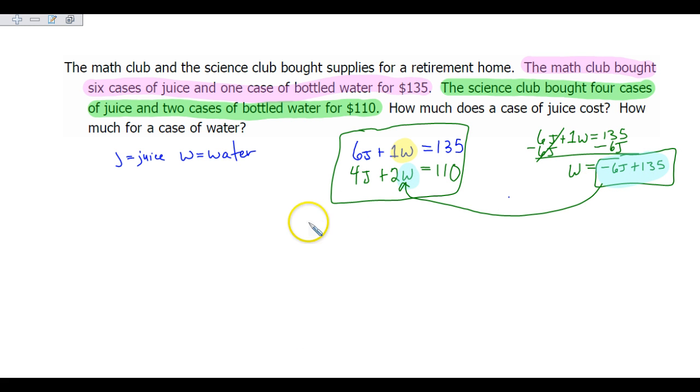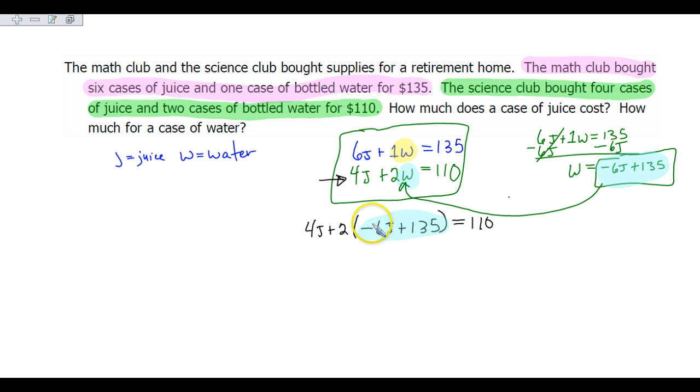So that would look like 4J plus 2, but instead of W, I'm putting in the things equal to W. So negative 6J plus 135, that would be the replacement, the substitution for W, equals 110. So I use this entire equation, I just replaced the W with the stuff that equaled the W.